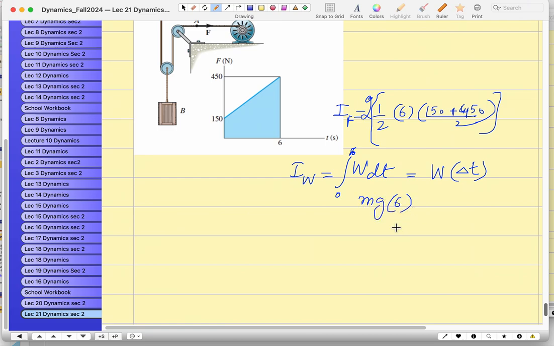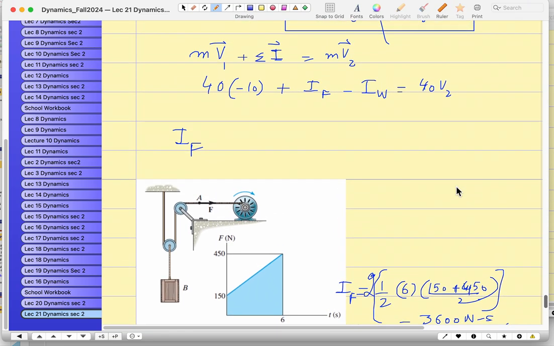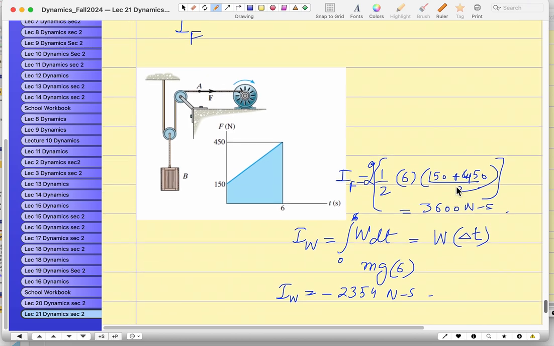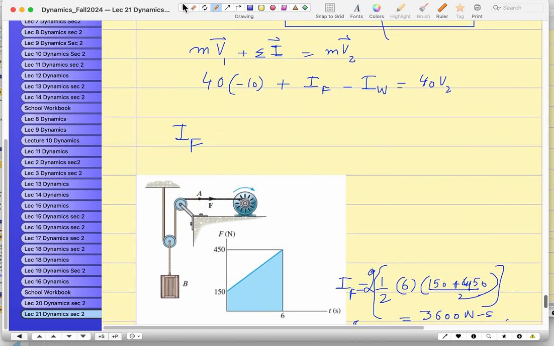Algebraically this is negative, negative 2354 newton seconds. That is the impulse due to the weight, and the impulse due to the applied force, the tension force, is 3600 newton seconds. Now we have found both impulses, and we can plug them into this equation.